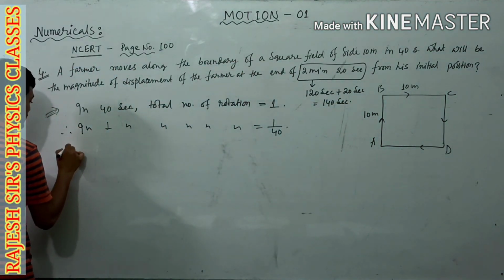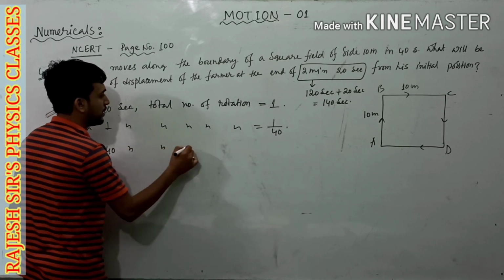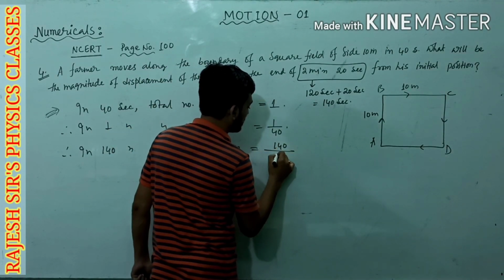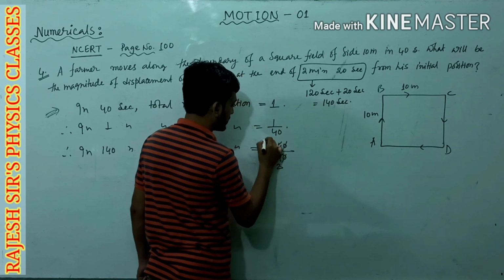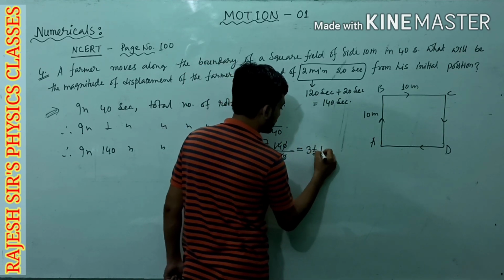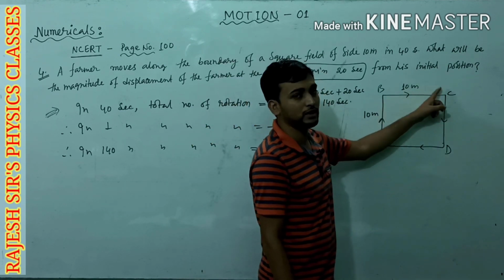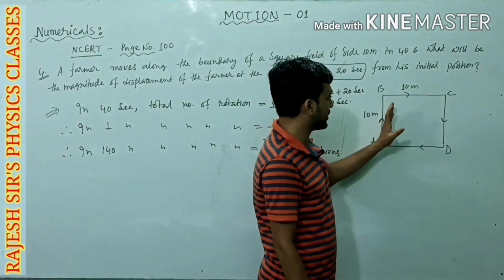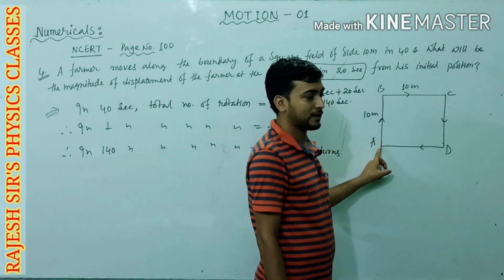So in 140 seconds total number of rotations will be 140 by 40, which is 7 by 2, so it will be 3.5 turns.